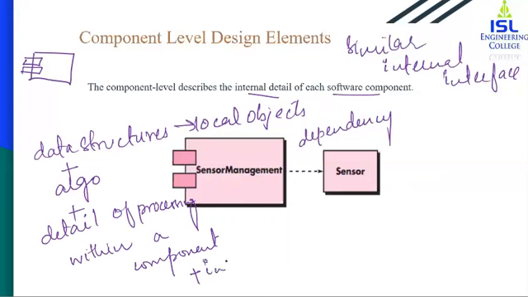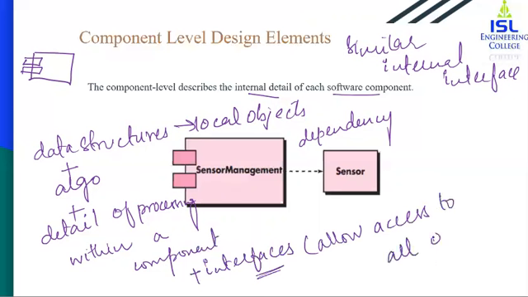And also the interfaces. These interfaces are the ones that allow access to all component operations, or we can say all different behaviors. So this is your component level design.